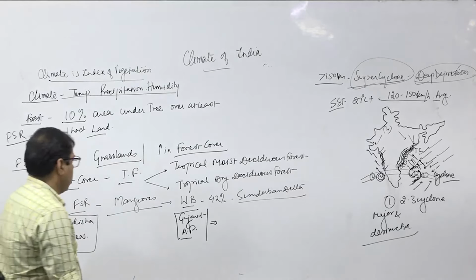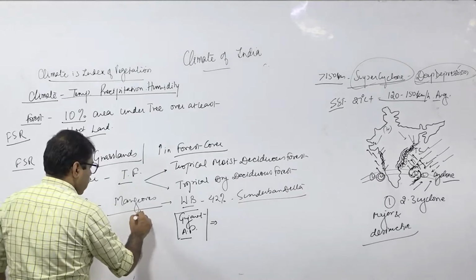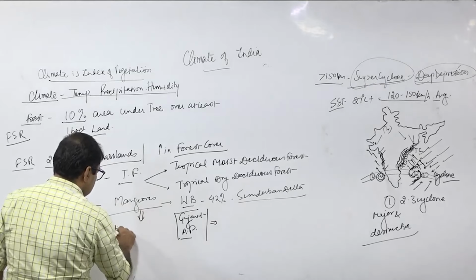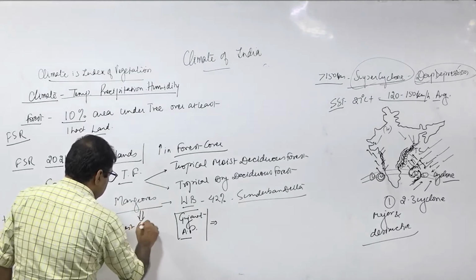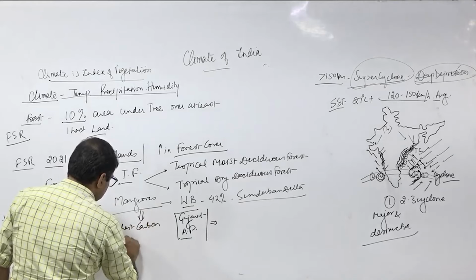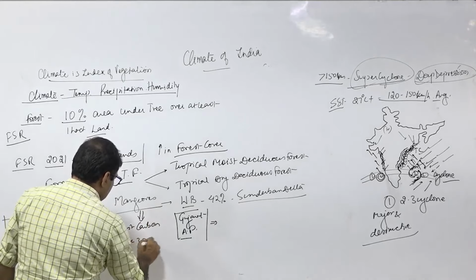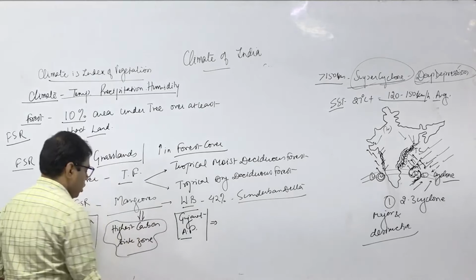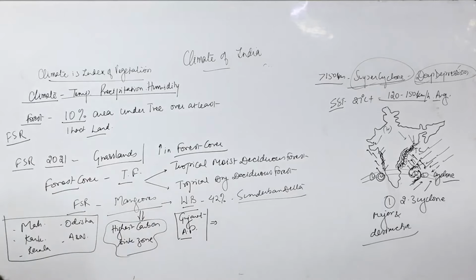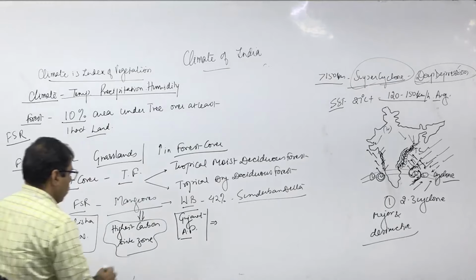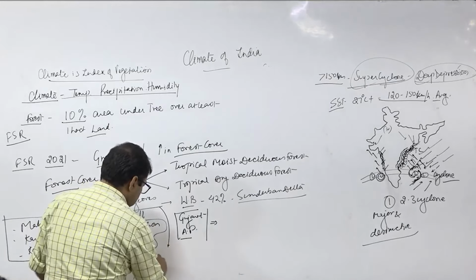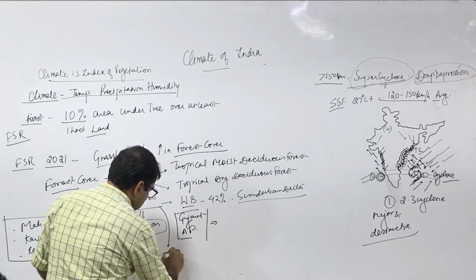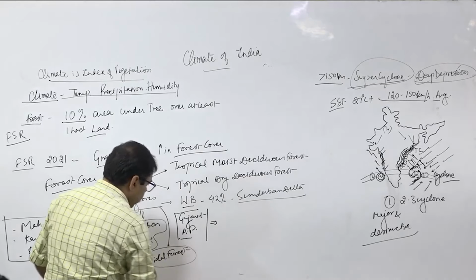The mangroves are the highest carbon sink zones on the earth, and they are also called tidal forests.